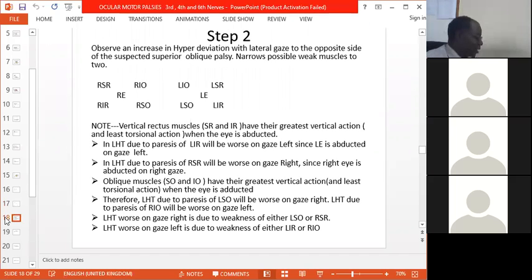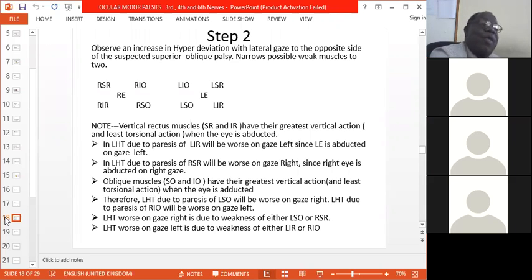Okay, we've now determined the possible weak muscles. See? Observe an increase in hyperdeviation with lateral gaze to the opposite side of the suspected superior oblique palsy. Narrows possible weak muscles to 2. Observe increase in hyperdeviation.